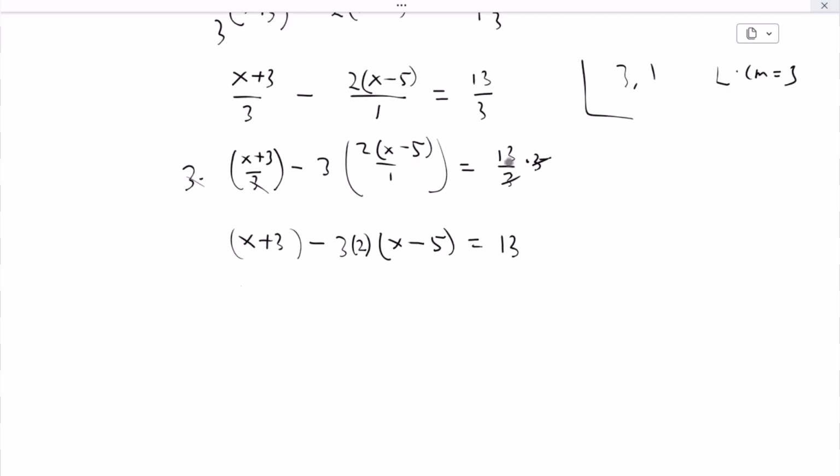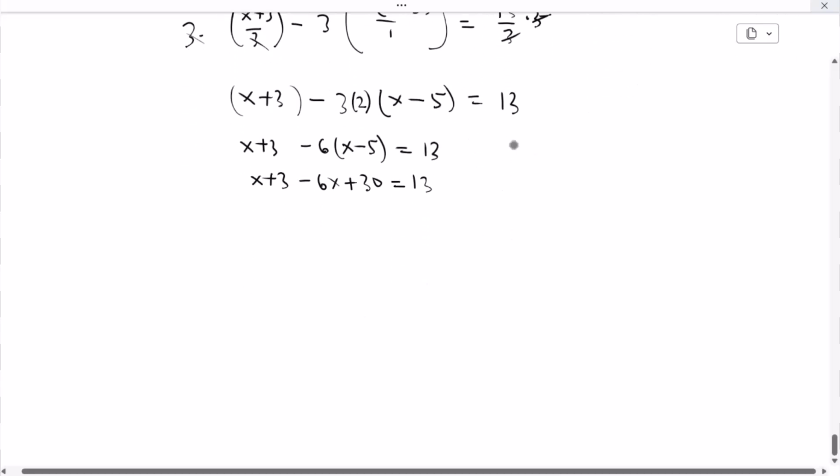So we'll be having x plus 3 minus 6 multiplying the expression x minus 5 to be equal to 13. In this case, we're going to have x plus 3 minus 6x plus 30 is equal to 13.